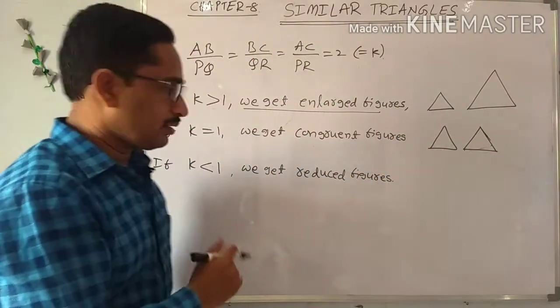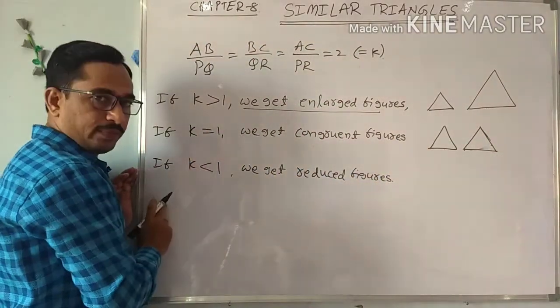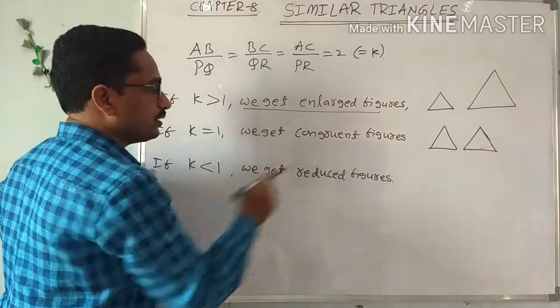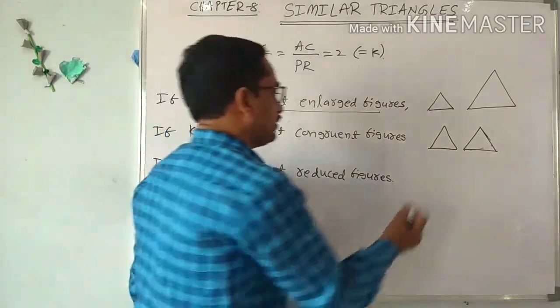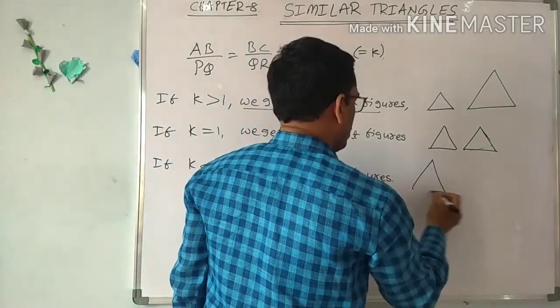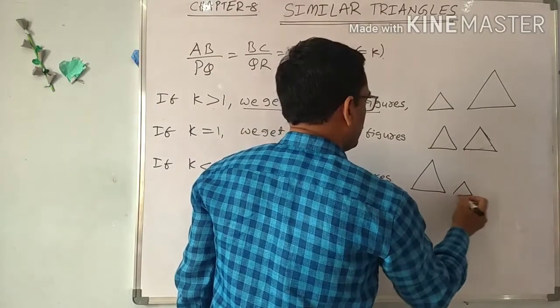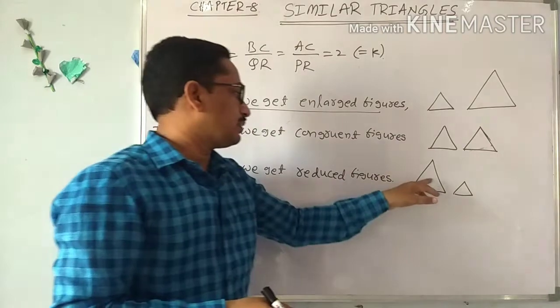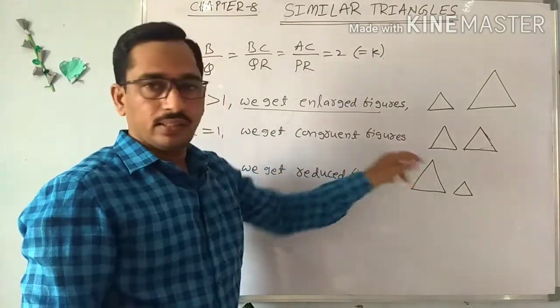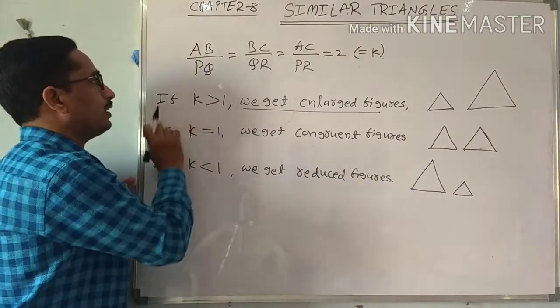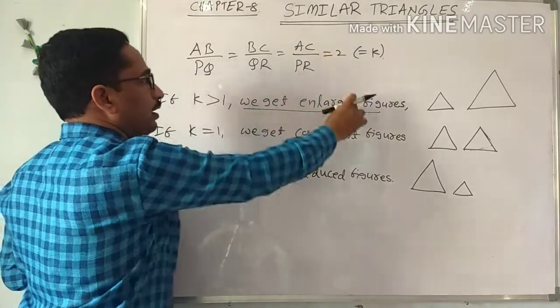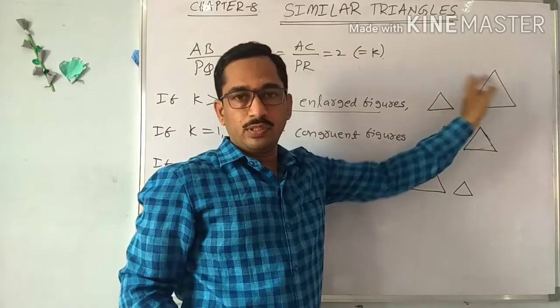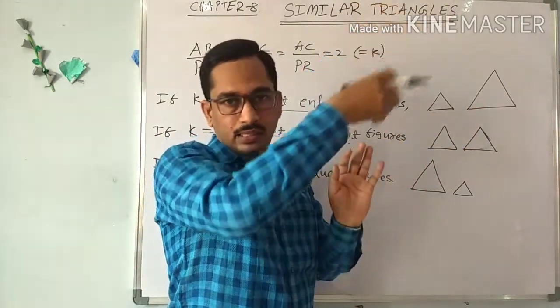Now, if k is less than 1, we get a reduced figure. Reduced figure means the given triangle is like this, and our obtained triangle is like this. We have to draw a triangle similar to this but smaller than the given triangle. This depends on the k value. If k is greater than 1, we get an enlarged figure, meaning we have to draw a bigger triangle for the given triangle.